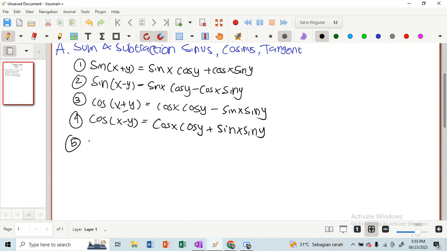Move on to tangent. If we have tan(x + y), we can expand this to tan x plus tan y, divided by 1 minus the product of the tangents, tan x tan y. It's a pattern that you can see.